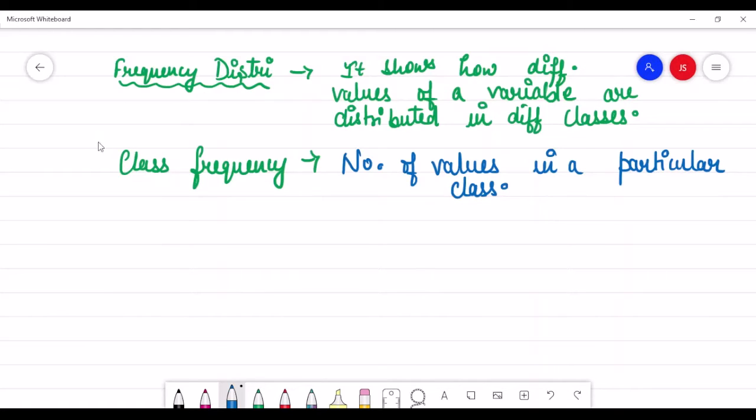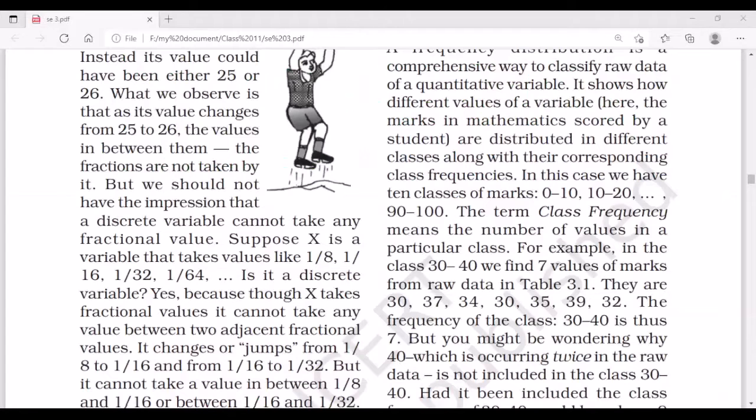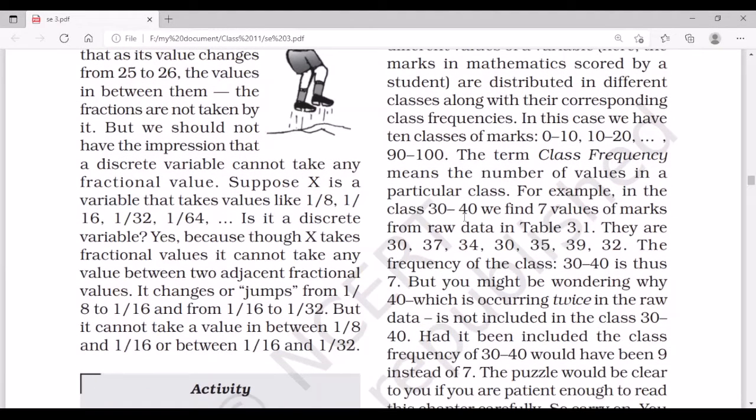I hope these two things are clear to you guys. Okay, let's move ahead. For example, in the class 30 to 40, we have 7 values of marks from raw data in table 3.1 that we have already read.